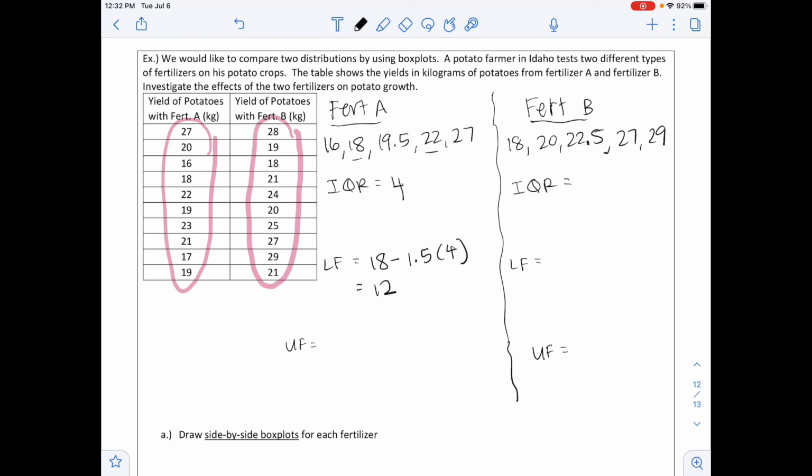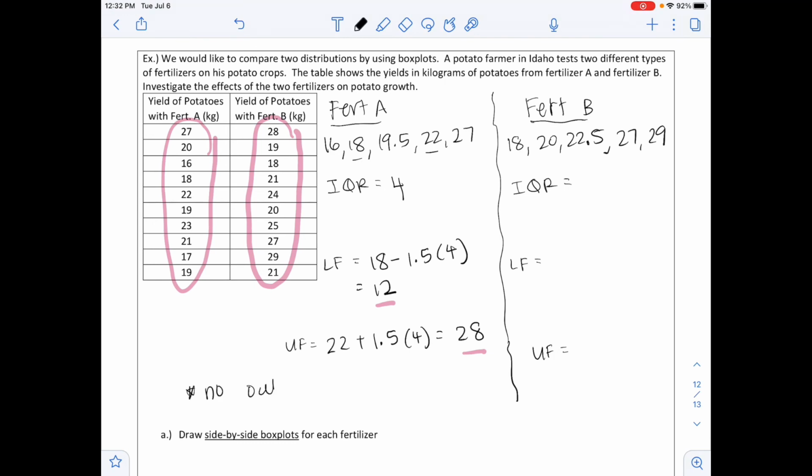And our upper fence is going to be Q3 plus 1.5 times that interquartile range, which works out to being 28. And so from here, using 12 and 28 and looking at your fertilizer A data or at your 5-number summary, do we have any values smaller than 12 or larger than 28? And if you look at that, you'll see that the answer is no.